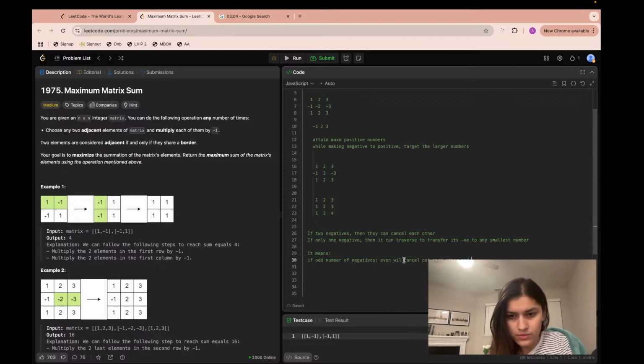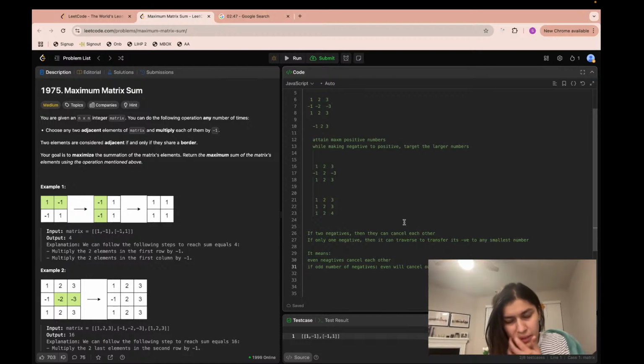So if it is an odd number of negatives, the even ones will cancel out each other, and one will be left, right? Yeah, I can show an example.